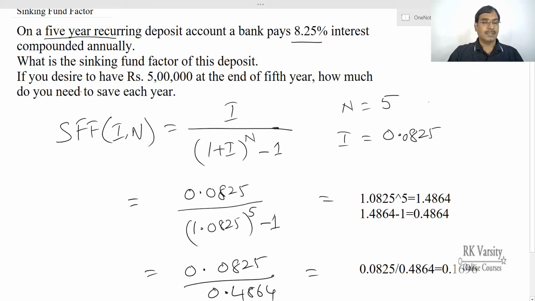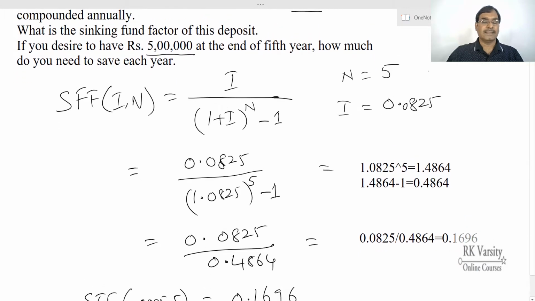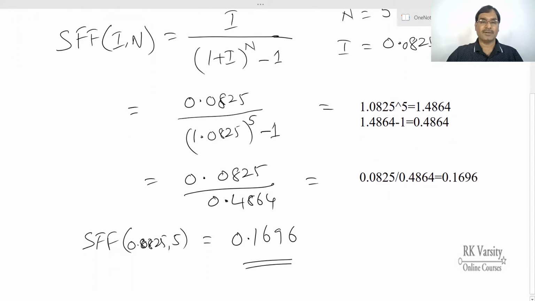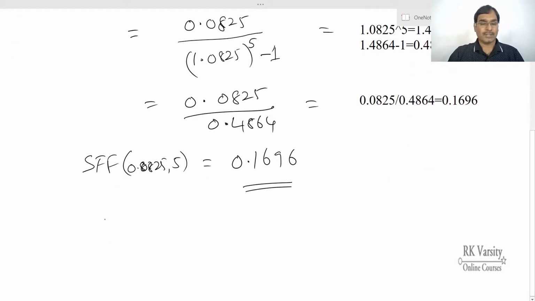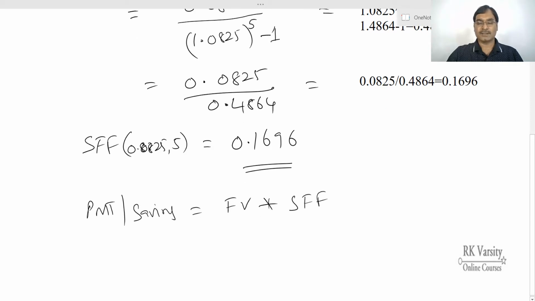Suppose you desire to have rupees 5 lakhs at the end of the 5th year, how much do you need to save each year? Already you have the sinking fund factor here. Then simply multiply your future value amount with the sinking fund factor. So to get your payment or saving, the amount to be saved, equals future value times sinking fund factor.